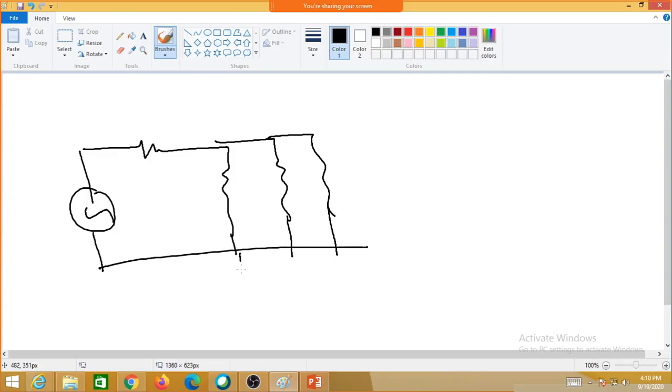At any particular point, if you measure the voltage, it is with respect to ground, plus and minus. So we are measuring with respect to a two conductor system: one conducting wire, and another conducting wire which is considered a ground plane.